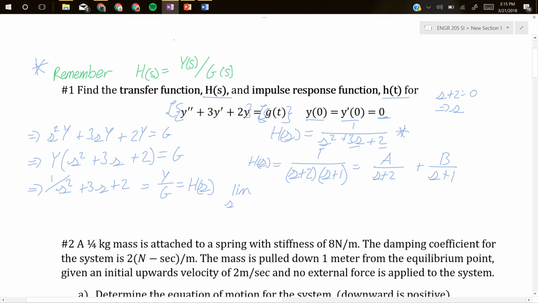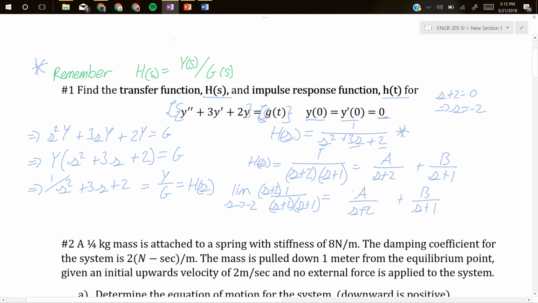So that implies s equals -2, so s is going to approach -2 of 1 over (s plus 2)(s plus 1). I'll multiply this by s plus 2. And it is going to equate to this side over here, A over s plus 2 plus B over s plus 1.